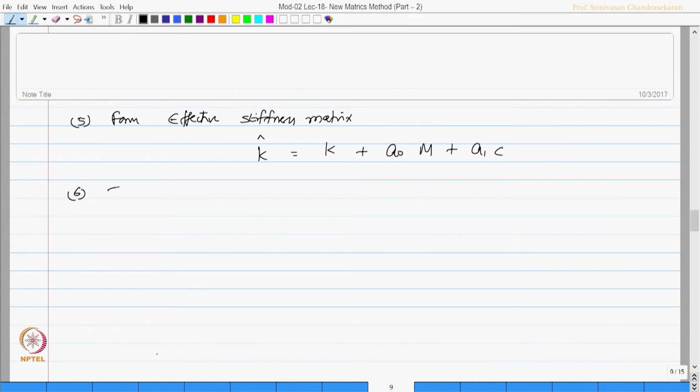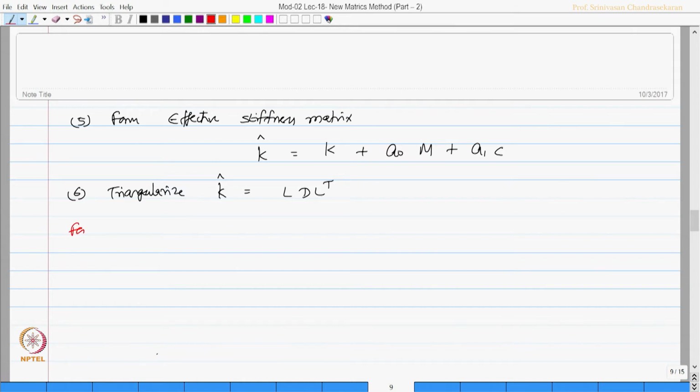Then triangularize k hat, that is k hat will be equal to L D L transpose.